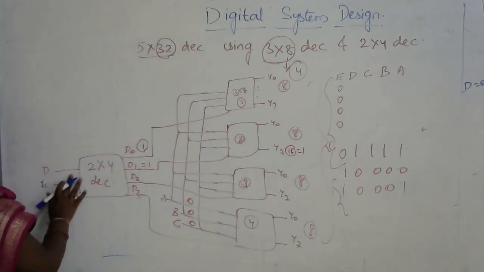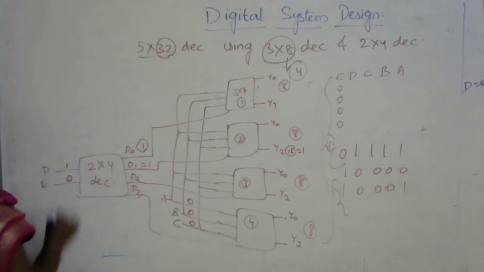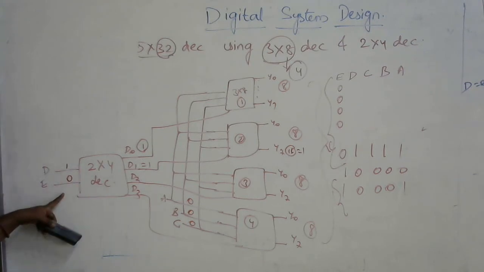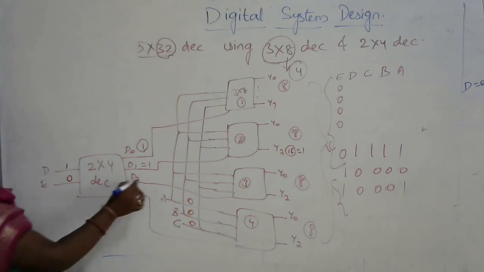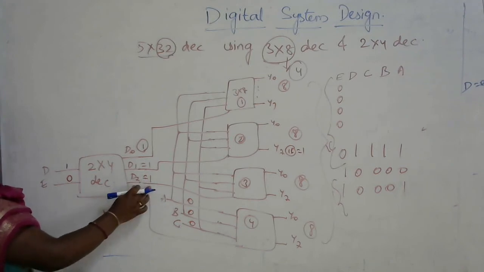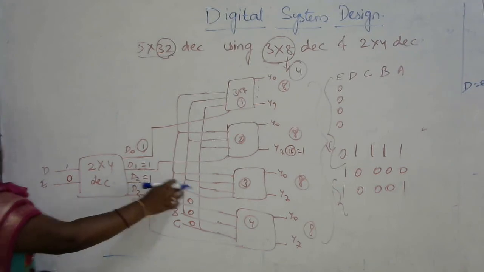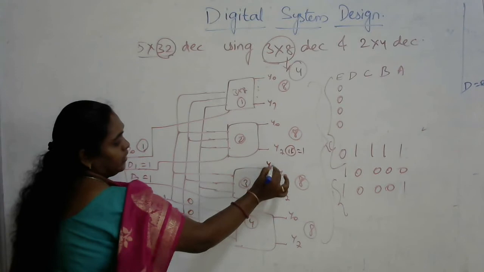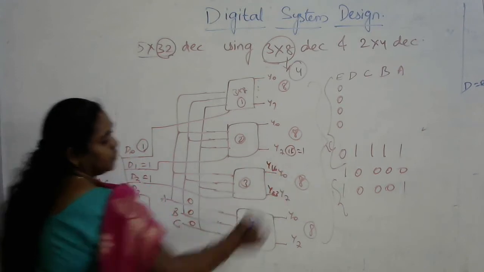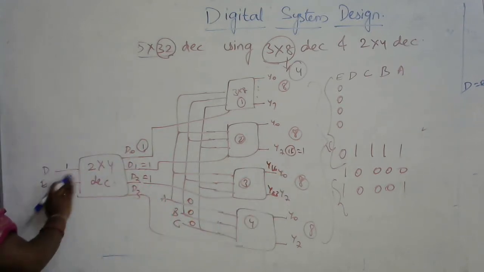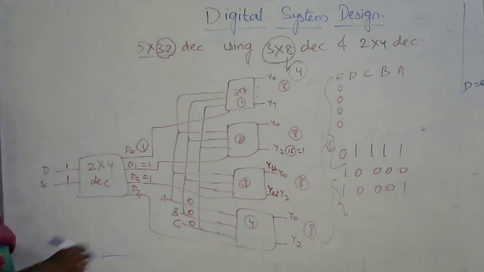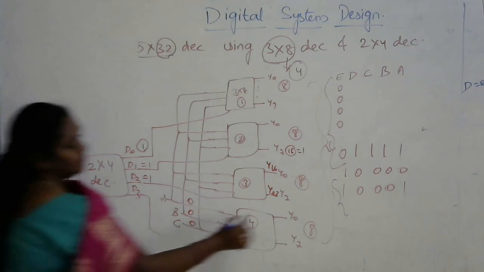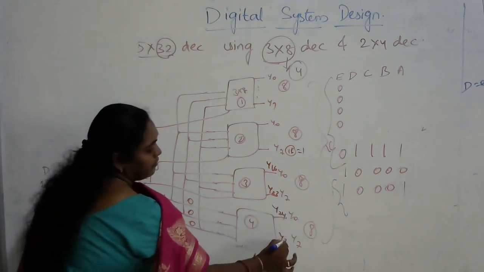Similarly, if D is equivalent to 1 and E is equivalent to 0, that indicates the third one, that is D2, is 1. As D2 is 1, the outputs are between Y16 to Y23. If D and E values are both 1, depending upon the A, B, C values, the outputs are between Y24 to Y31.